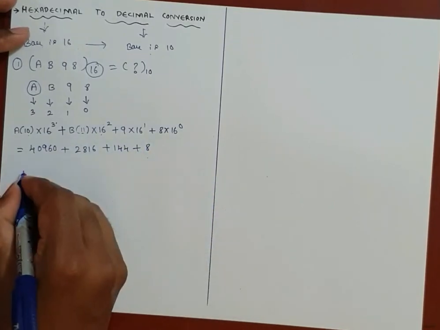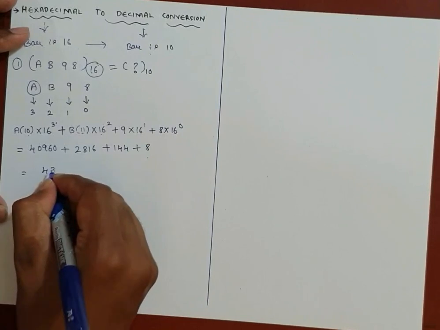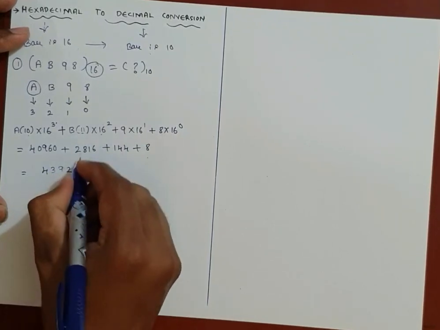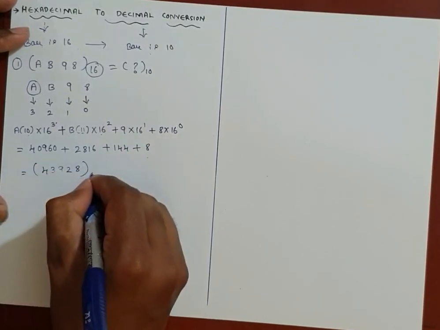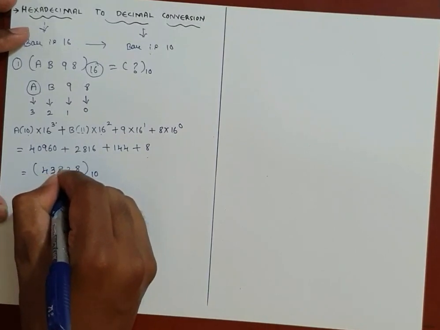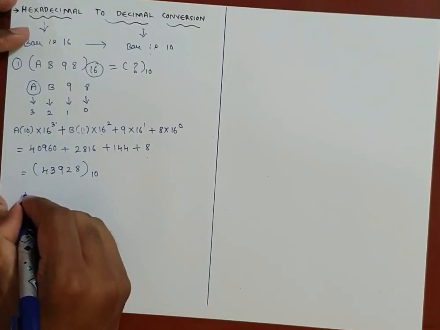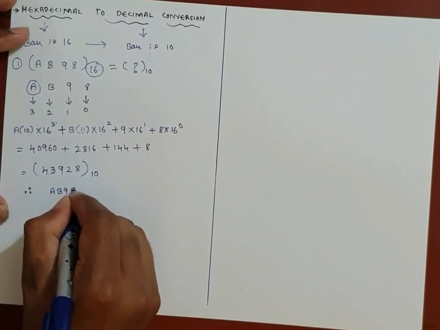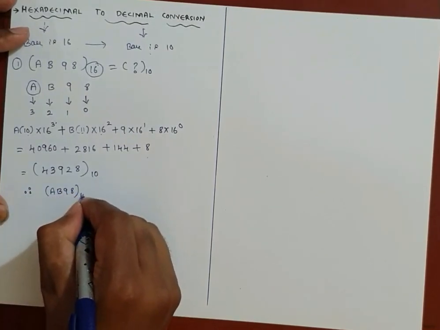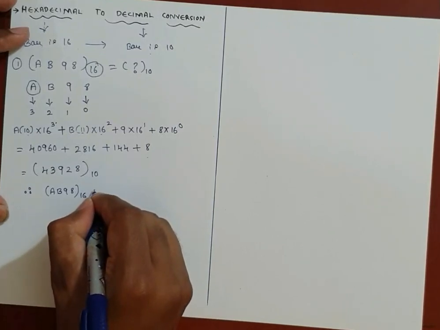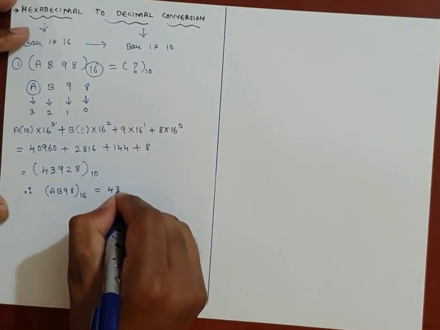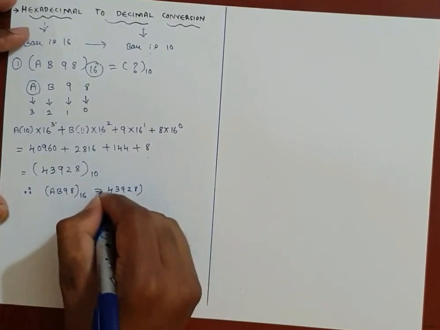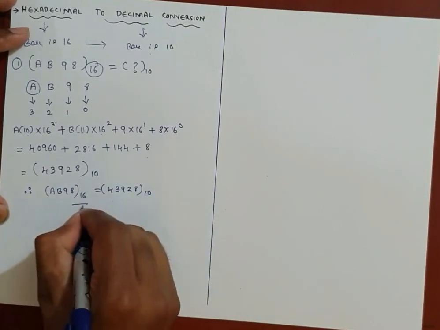If I add all the numbers, the result will be 43928 to the base of 10. Therefore, AB98, which is only an integer part, to the base of 16, will be equal to 43928 to the base of 10.